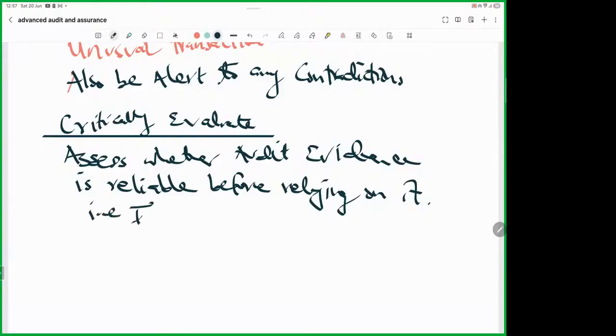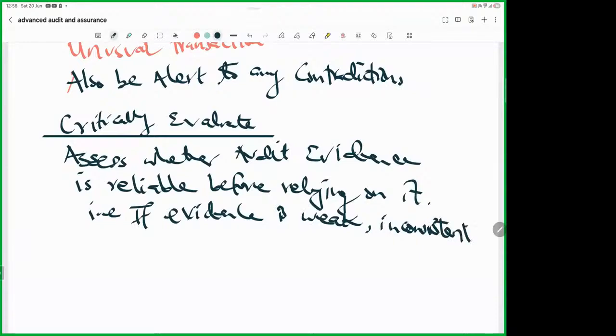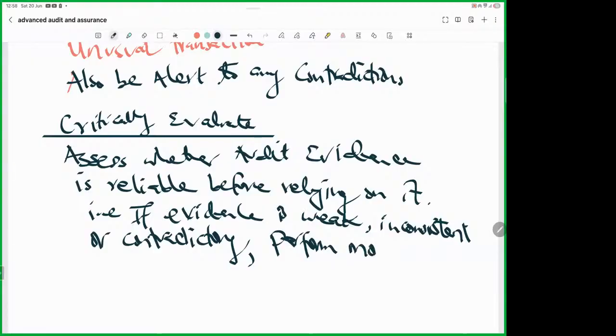I.e., if evidence is weak, inconsistent, or contradictory, perform more audit work.